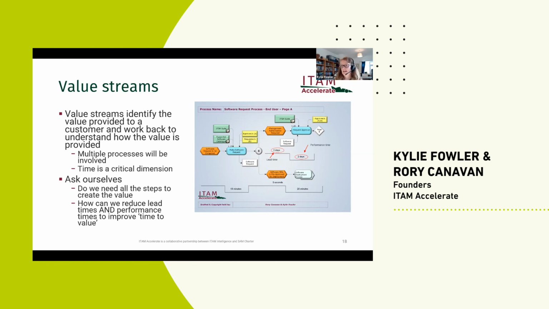So an example here is one of our process maps. It's the first page of the software request process, and we've appended an understanding of what the lead time is, which is effectively the waiting time between one step and the next step, and the performance time. So in this example, we can see it took 10 minutes for an individual to raise a request.